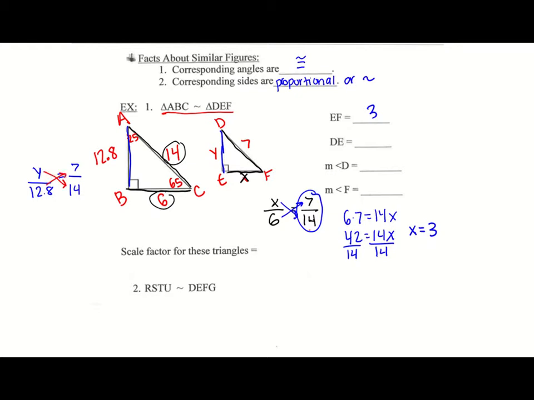Cross multiply, I get 12.8 times 7 is equal to 14y. Sorry, Y this time. So 12.8 times 7 gives me 89.6. Divide by 14, I get 6.4 is equal to Y.